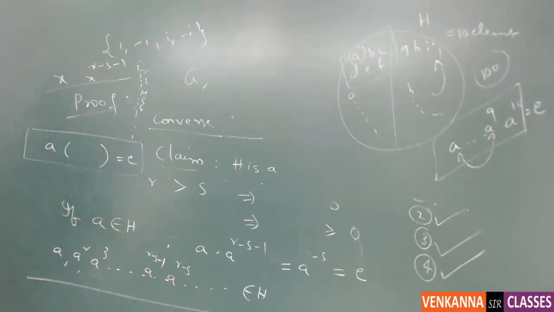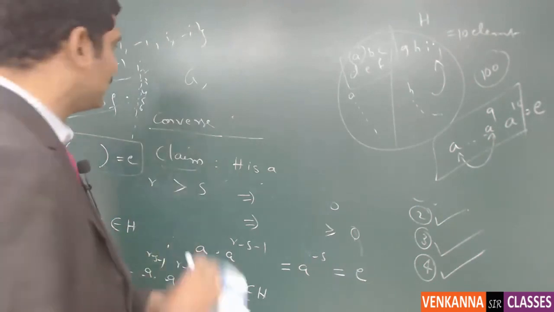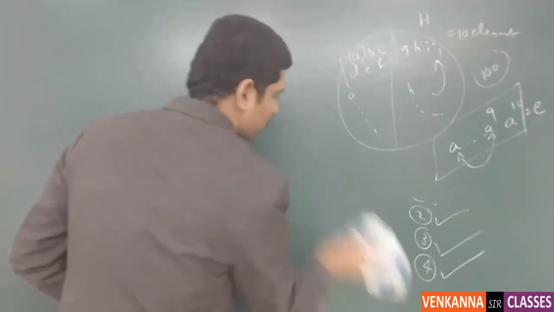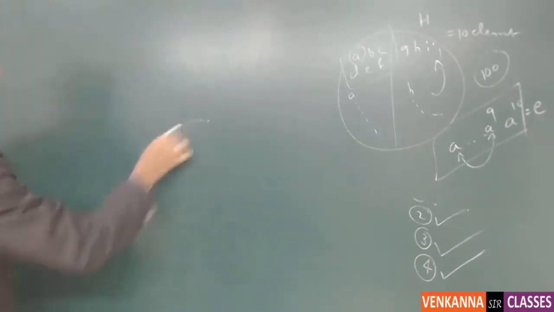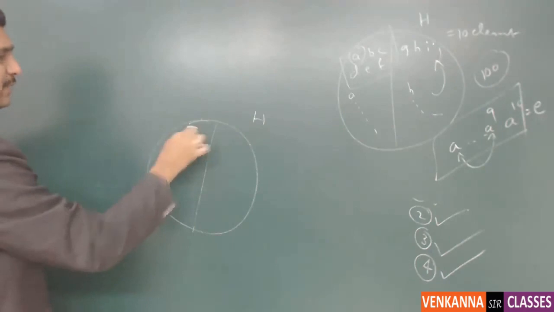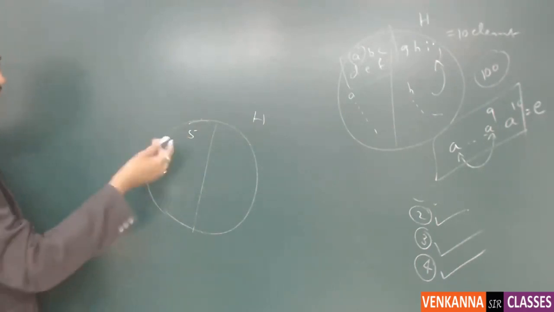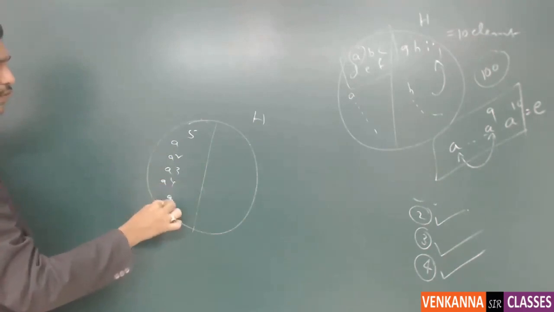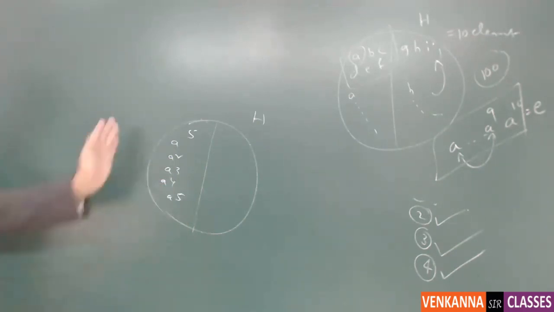You cannot fix with the other element. There may be so many elements. That's what I'm saying actually. If you take the case, say, this is H with 5 elements, all these are nothing but generated by A square, A cube, A power 4, A power 5. That's it.